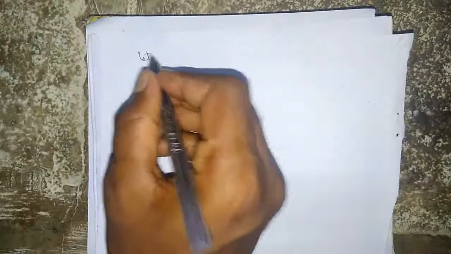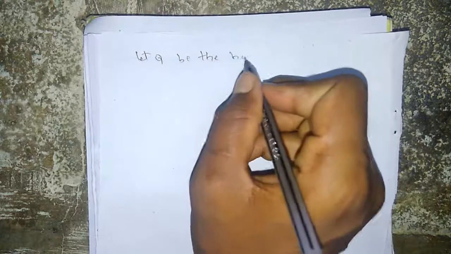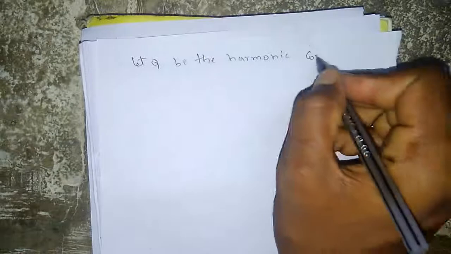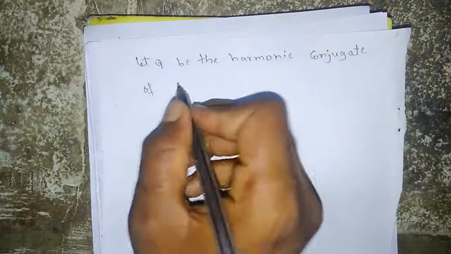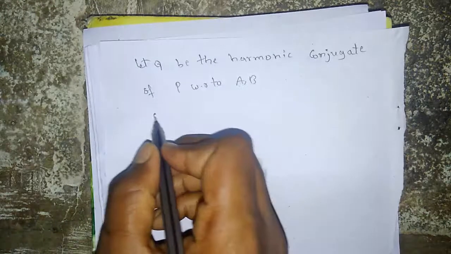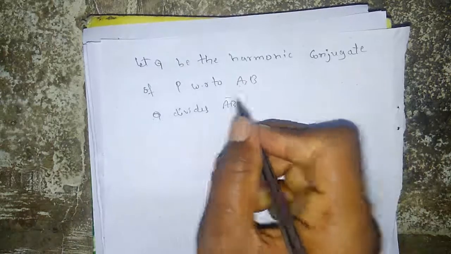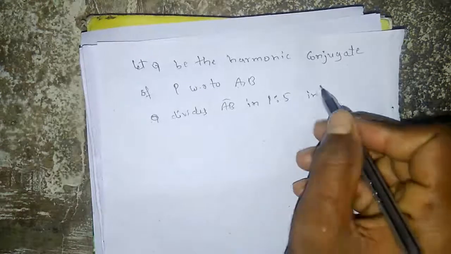Let Q be the harmonic conjugate of P with respect to A comma B, which implies Q divides AB in the ratio 1 is to 5 internally.